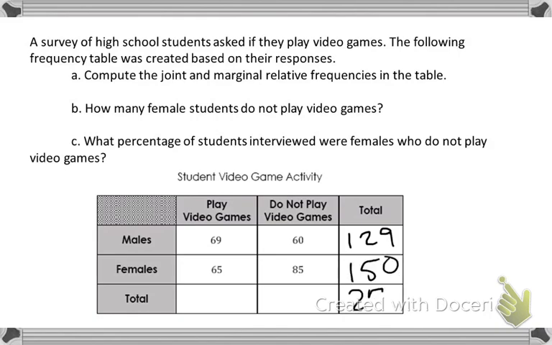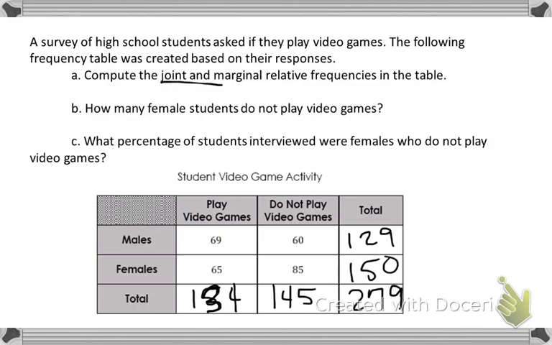So that's 279 total. All right, 69 and 65 is, I'm sorry, 134. 60 and 85 is 145. These two should also give you 279. So those are just my totals for my contingency table.